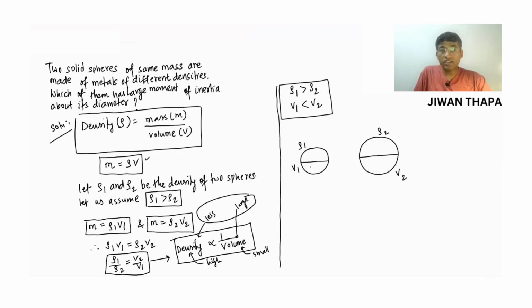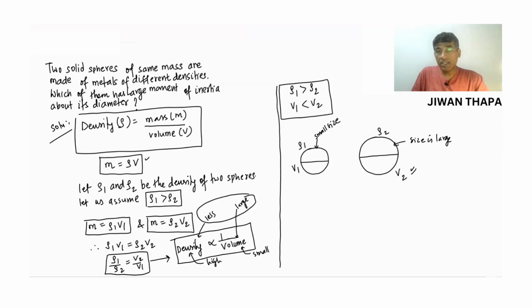We are asked to compare which solid sphere has large moment of inertia about its diameter. Now we can see size is large for this sphere, and this sphere has small size. Volume of this sphere is large in comparison to volume of this sphere.